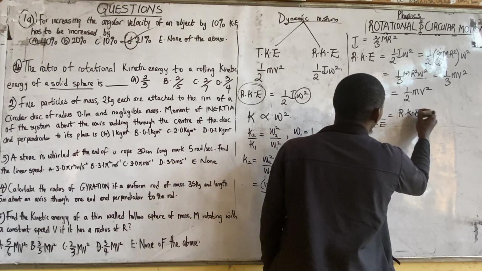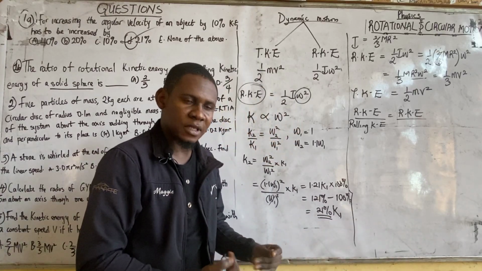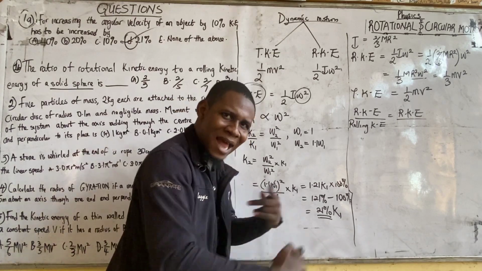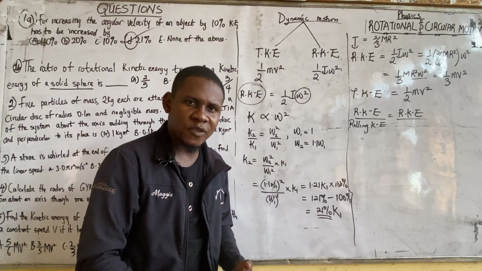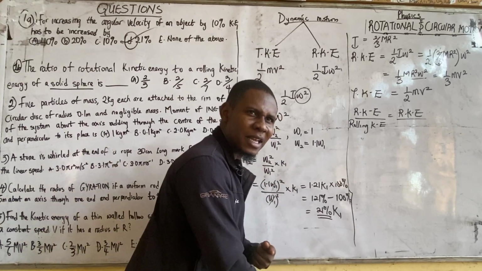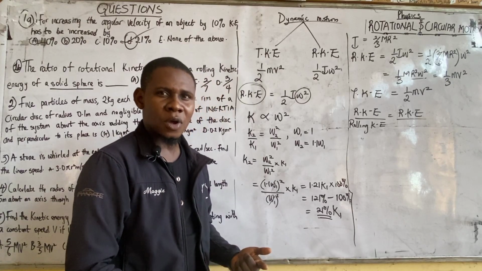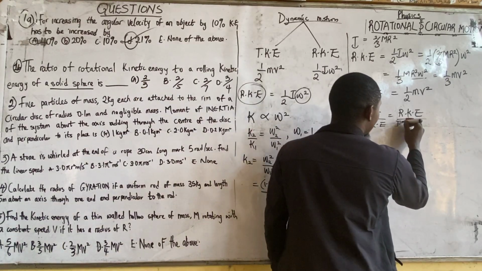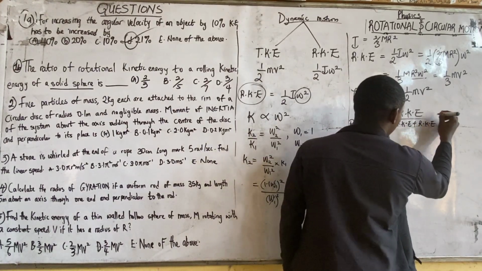And you've known before now that when you roll a body, like I've explained in the beginning of this class, it is both slipping and spinning. That is to say, it is undergoing both translatory kinetic energy and what? Rotational kinetic energy. So in that essence, we are going to have translatory kinetic energy plus rotational kinetic energy.